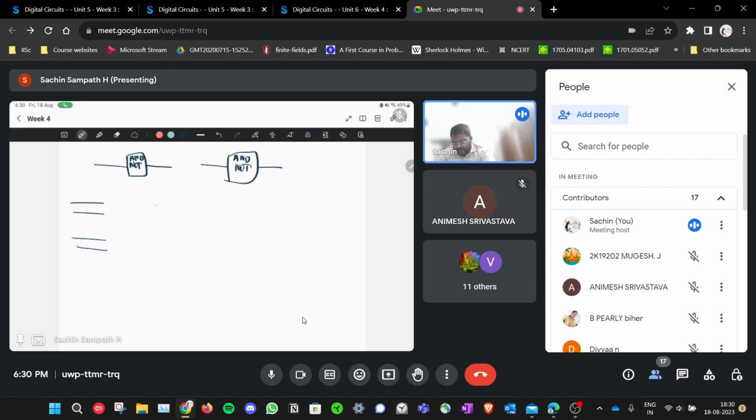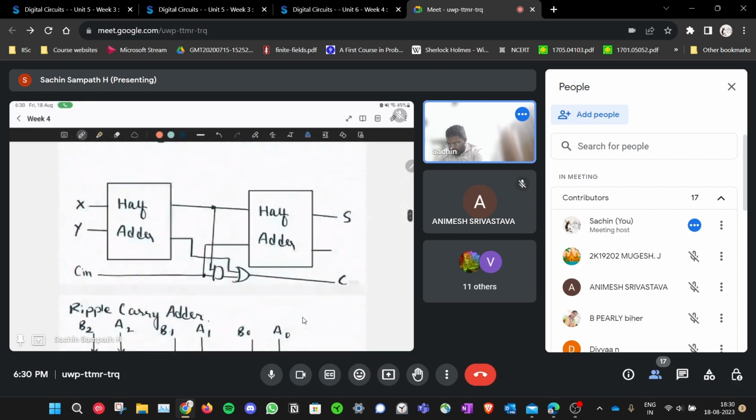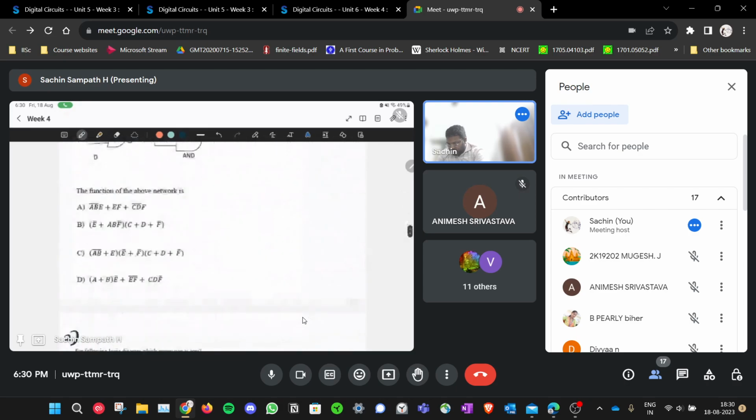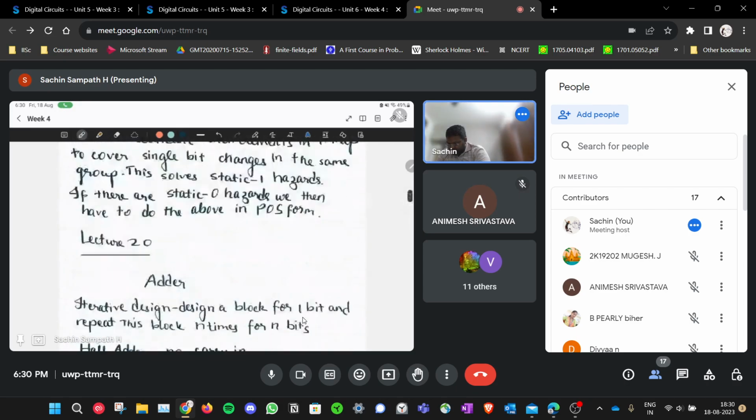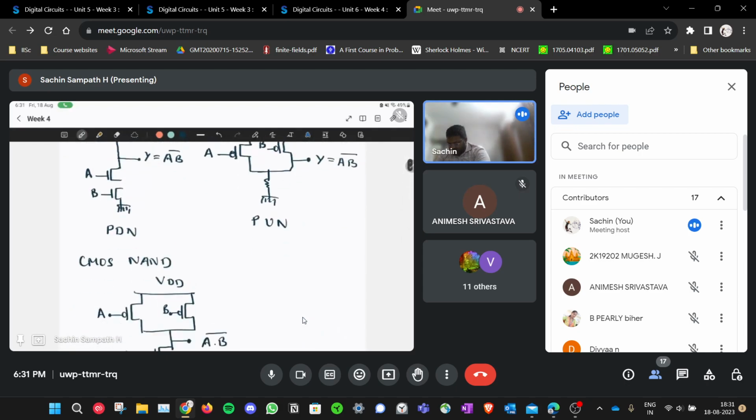This threshold exists both for the output and the input. If you consider only one circuit, one NOT gate like this, usually it will be connected to some 5 volt and ground. You saw that CMOS NOT gate somewhere.